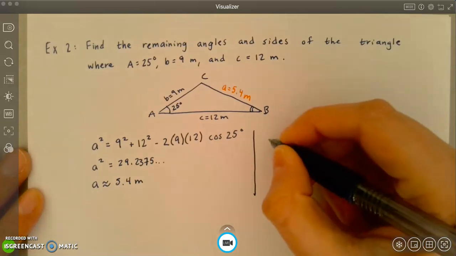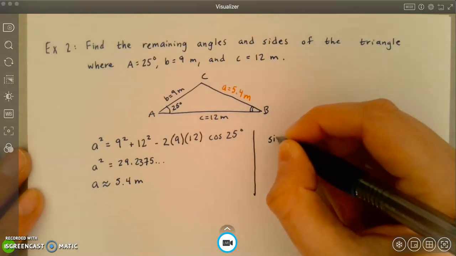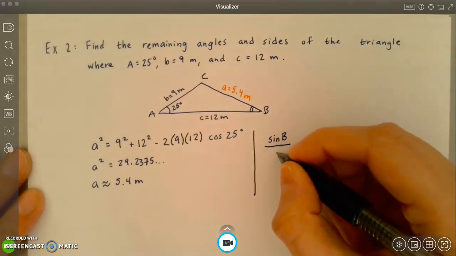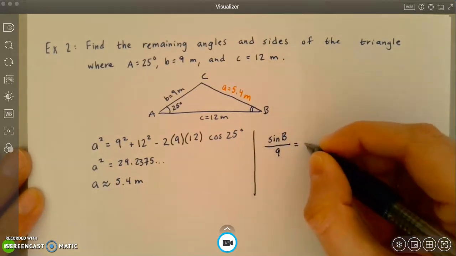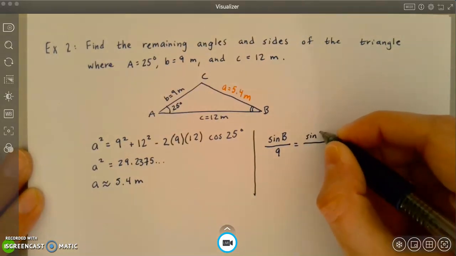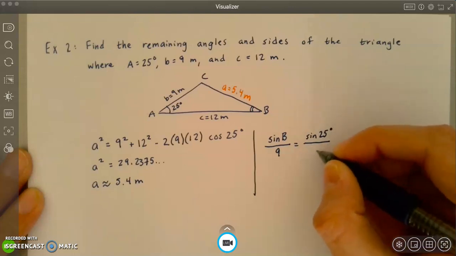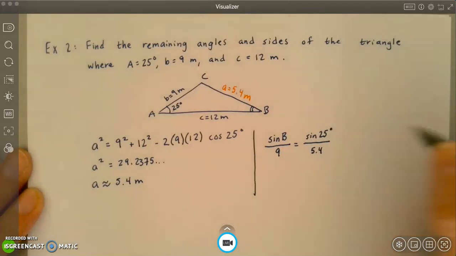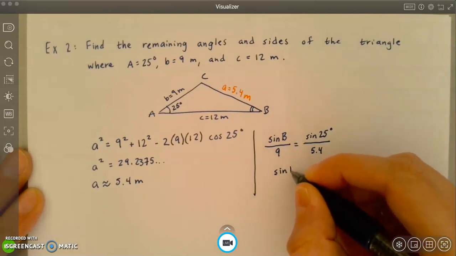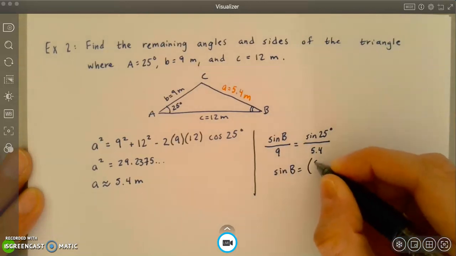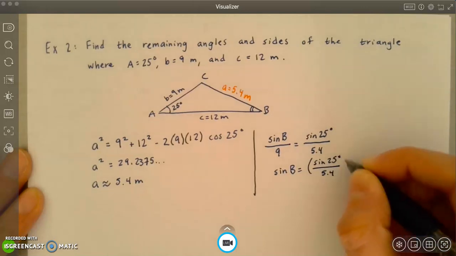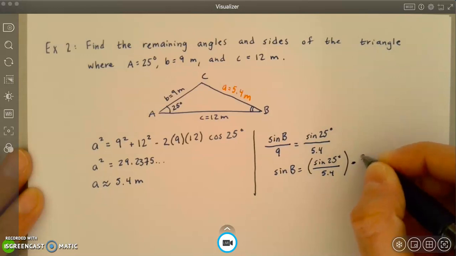So I am looking for angle B, so I'm going to do sine of B all over side B, which is 9. I'm going to set that equal to sine of A, which is 25 degrees, all over approximately 5.4. So I'm going to multiply by 9 on both sides. Sine of B will give me sine of 25 degrees over 5.4 times 9.